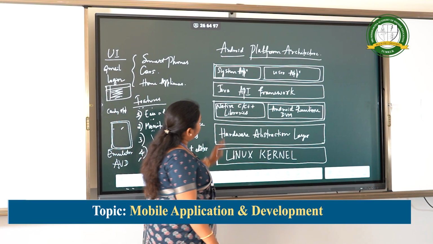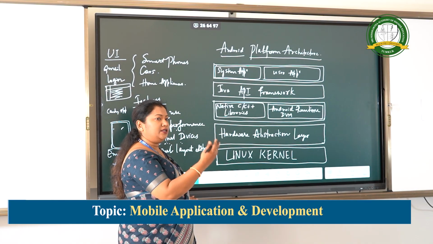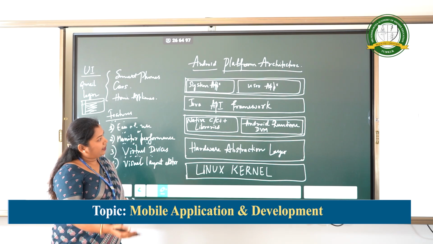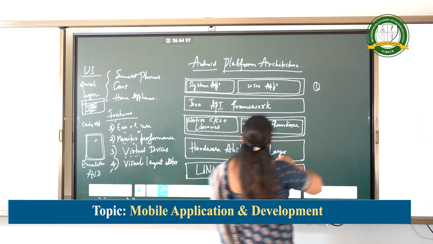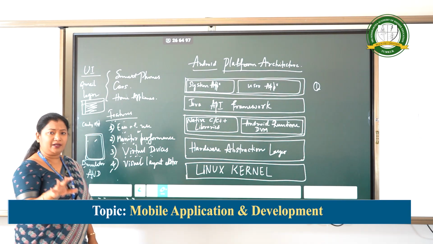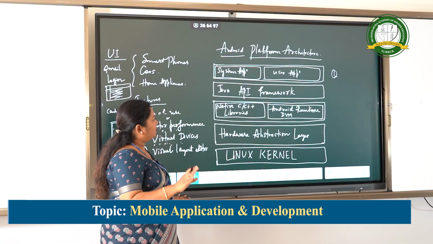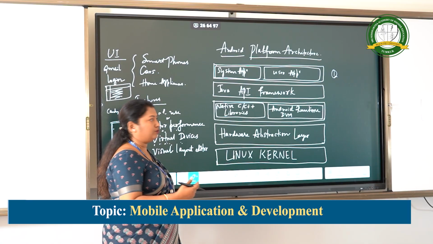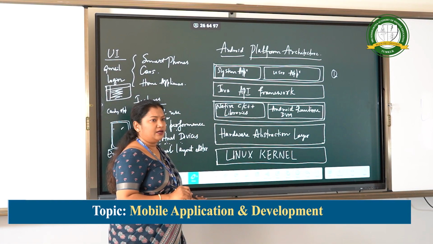Next, moving on to the architecture of Android platform, we have initially and mainly 5 layers. First and foremost layer is system application and user application. That layer we call the application layer. System apps, you know this, those are all inbuilt apps. User apps are nothing but what we go to Google Play Store and download. Second layer is Java API framework.